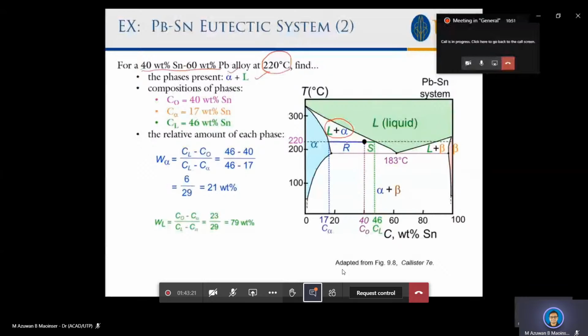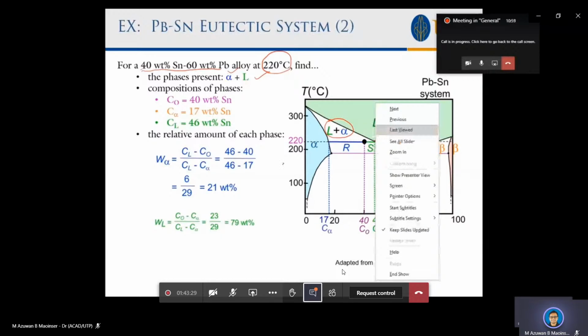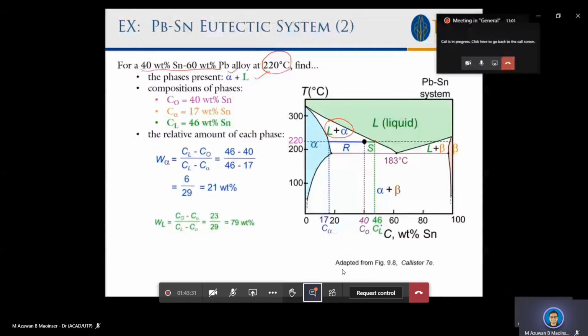You draw your tie line. The tie line will stop here, because that's the point where you are. You have found the boundary, stop there. That would be the composition of the liquid, because this is the boundary with liquid. On the left, you stop here when you extend your tie line. This is the boundary with alpha. Therefore, if I read off the composition, that would be the composition for alpha.